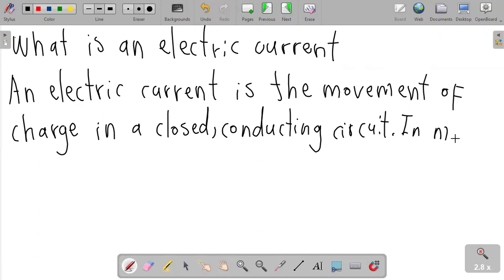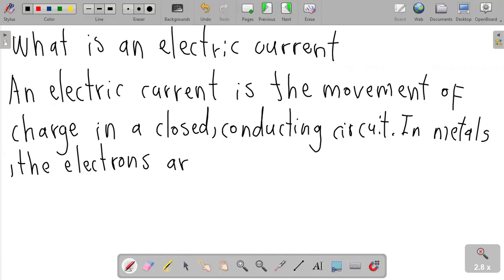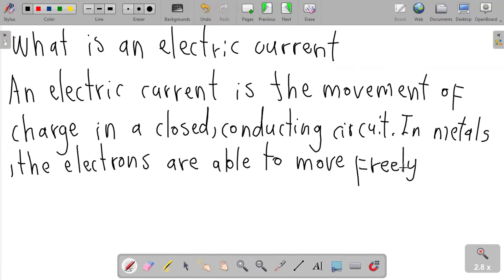In metals, the electrons are able to move freely within the metal.